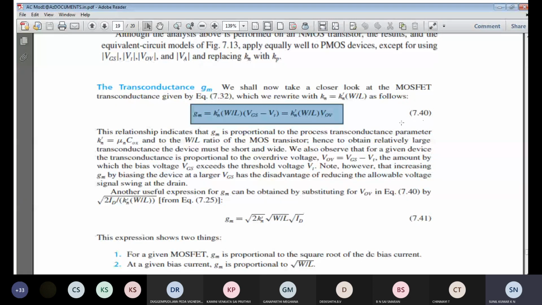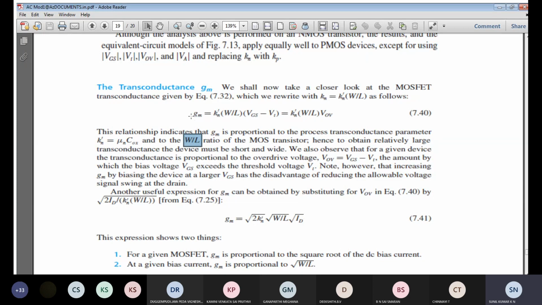Hence, to obtain a relatively large transconductance, the device must be short and wide. So the length of the channel should be very small and the width should be very high. Then only will you get a very large GM transconductance value. For a given device, mu n into COX is a constant, so we cannot alter it for a given MOSFET, and the only possibility is with respect to channel length and width.